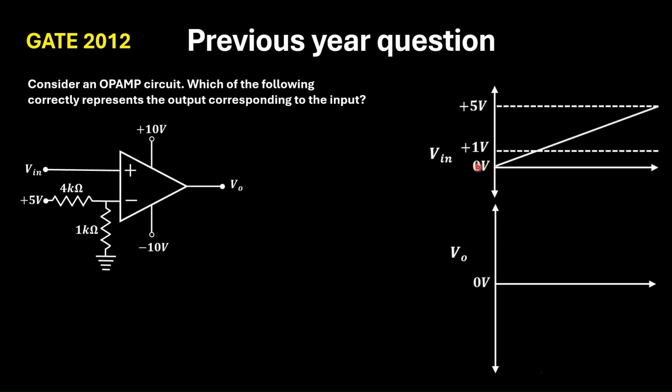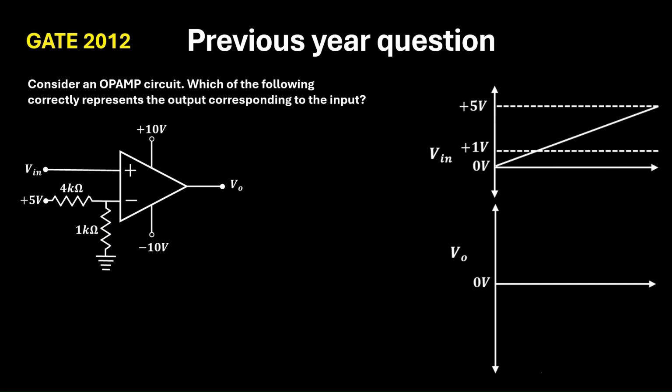This is a linear voltage. If you see this circuit, this is an open loop circuit because the output is not connected to the input. At the same time, this V in is directly fed to the non-inverting terminal, but this plus 5 volt is fed to the inverting terminal through a network of resistors.